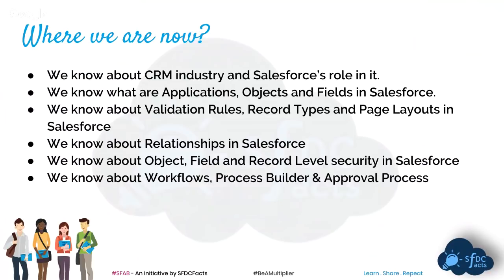Then we got deeper and we learned about how to implement some automated business solutions, business processes using workflows and process builder. So now that we have a fairly decent idea about setting up automation in Salesforce and having discussed workflows and process builder, the next step in an admin's journey is to discover flows.